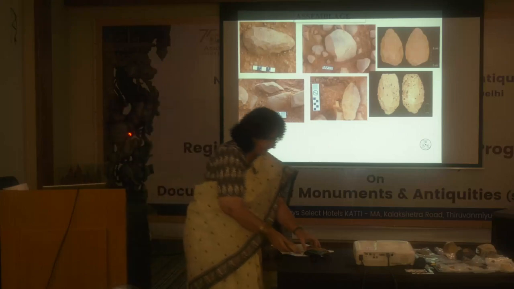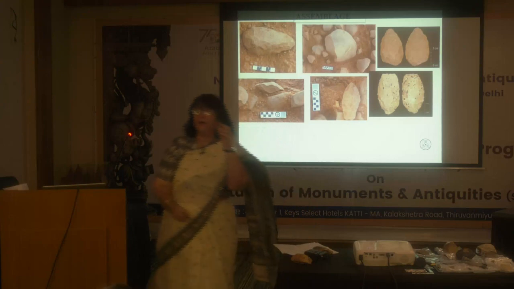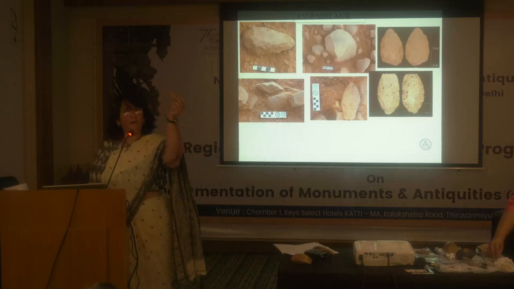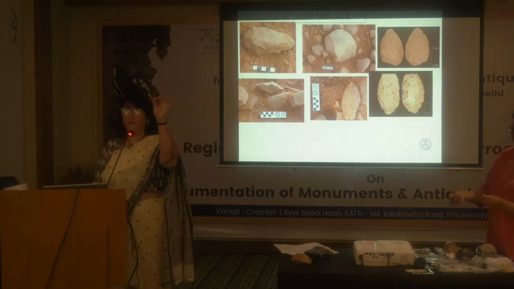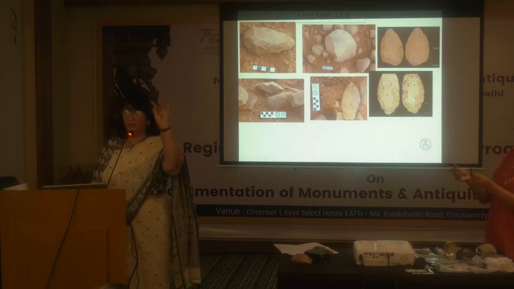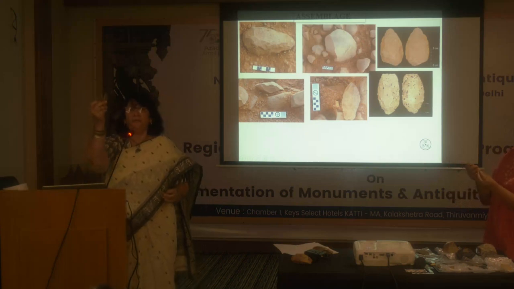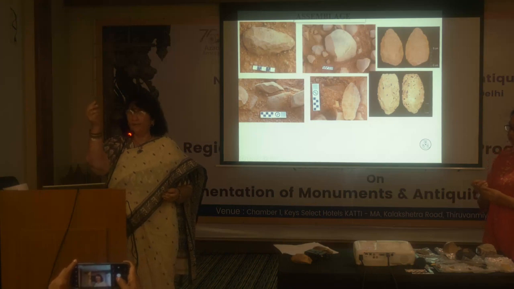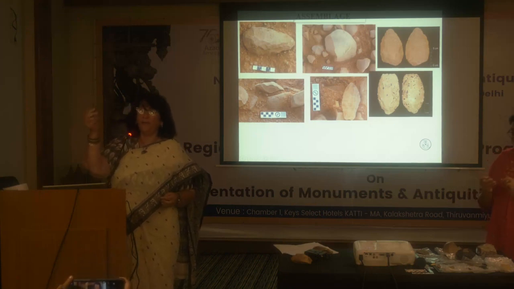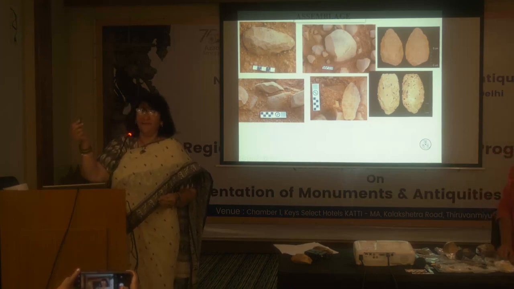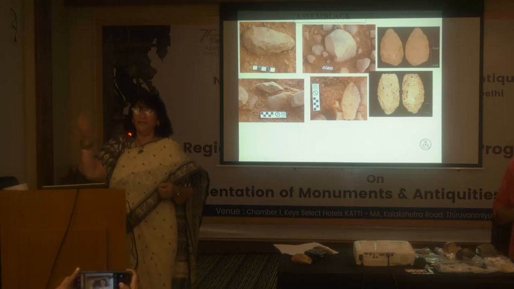For example, you will call this a blade, all agree? You will say Upper Paleolithic, something like that you will put down. What about this? You will call this also a blade? But this is coming from manufacture of a hand axe. It is a biface thinning flake.